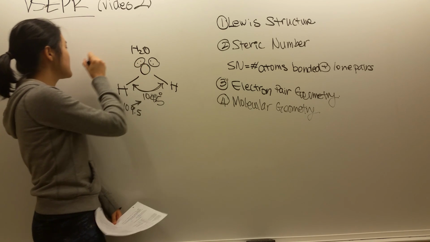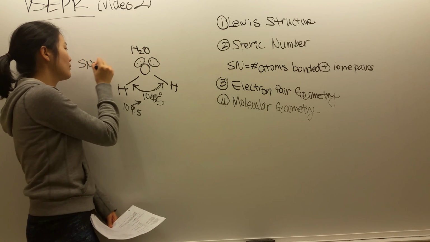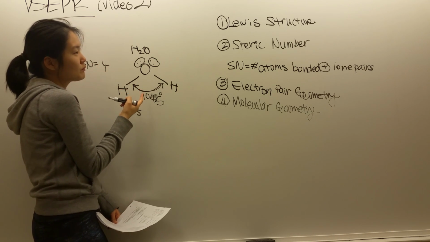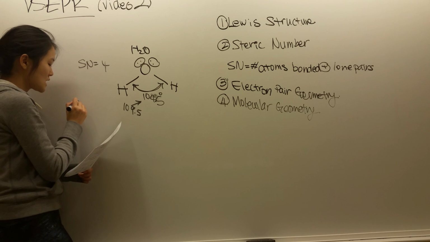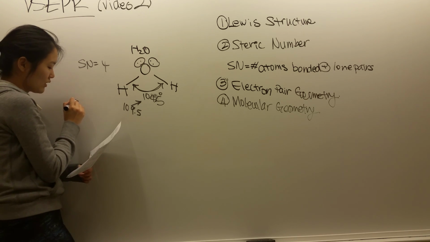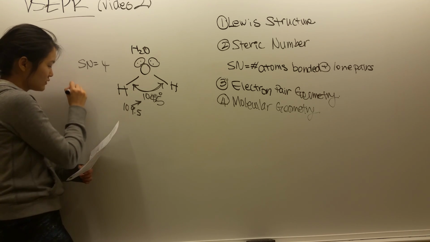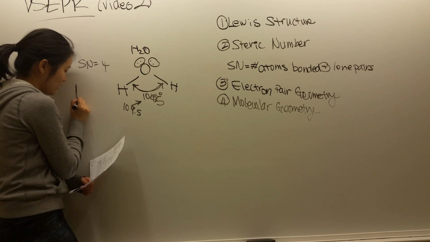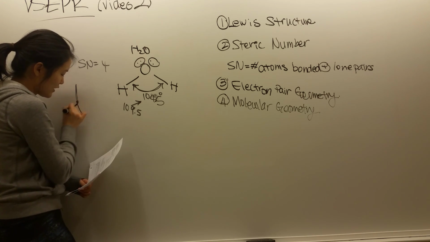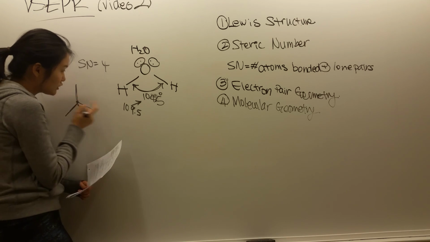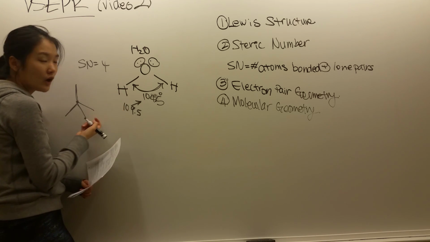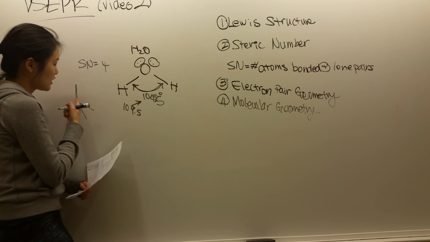So anything with a steric number of 4 is going to look like this: here's the central atom, here's your electron density, and you have a tripod thing going on, right? H2O has the same exact thing going on. These are just electron densities.